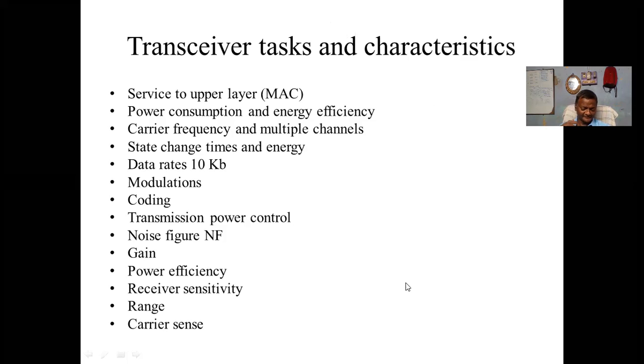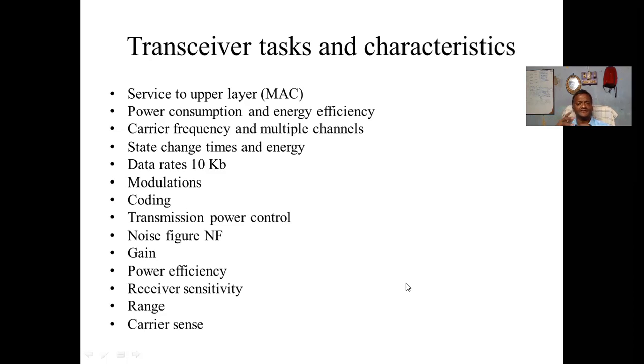So the first purpose is that the transceiver should provide services to the MAC layer. Next, power consumption: what is the power required for the transmission of data, for a single bit? Okay, all right.